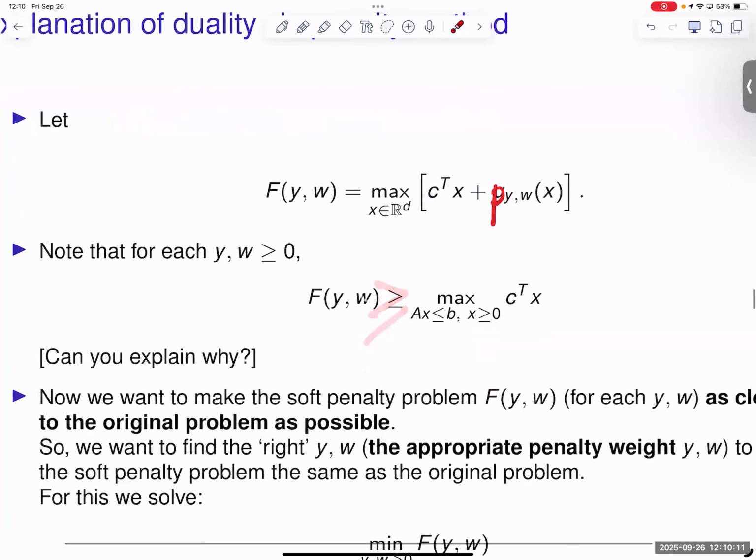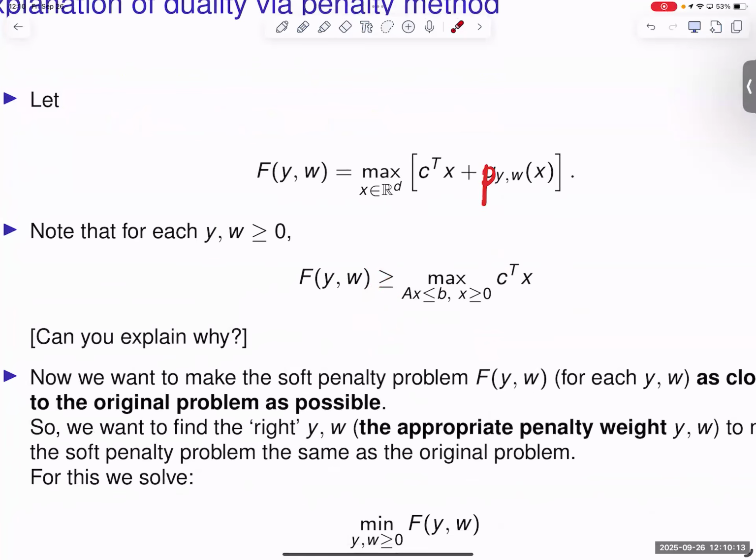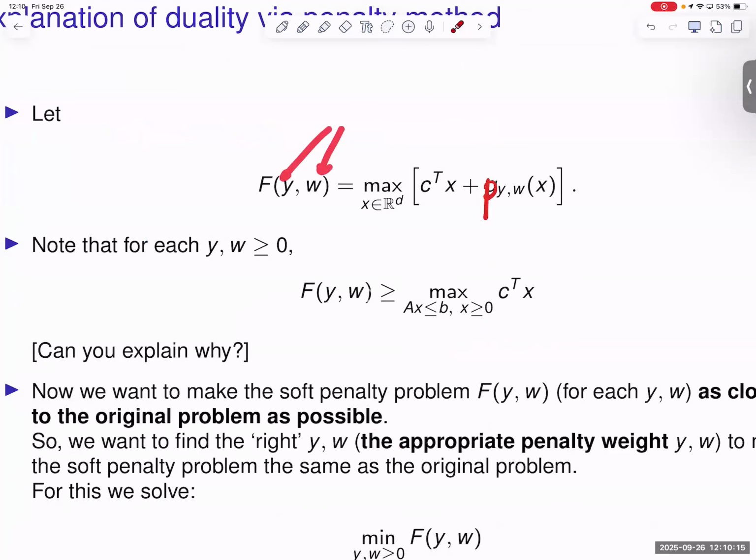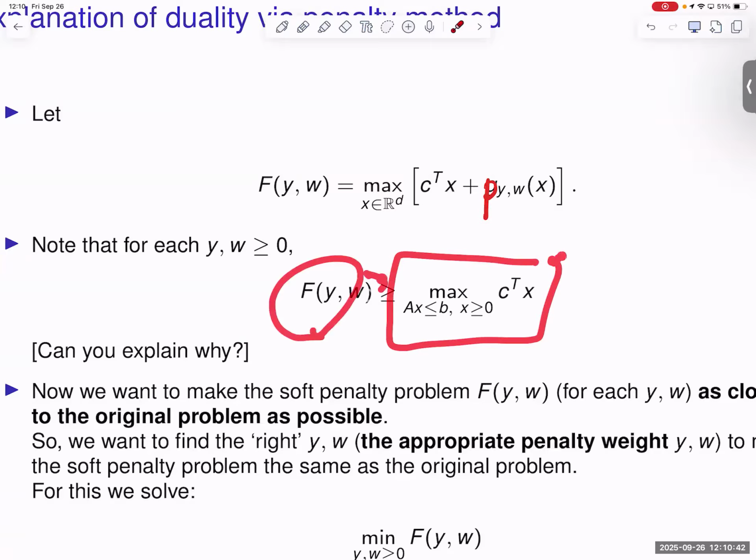But then let me go back to this police station example. So for each rate of charge, you have some total benefit to the community, right? But then you want to make such charge as much as possible so that the result will be the same as the original problem. Okay, am I making sense? All right. But this value is always bigger than or equal to.